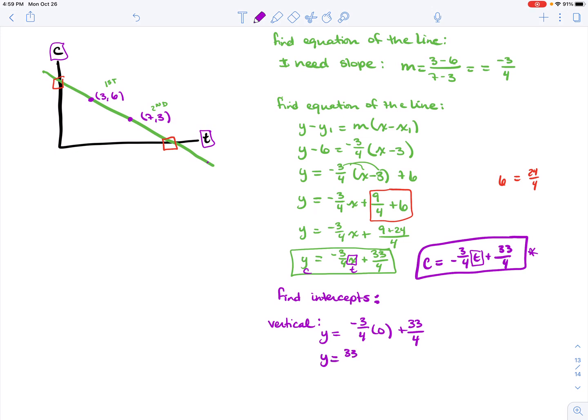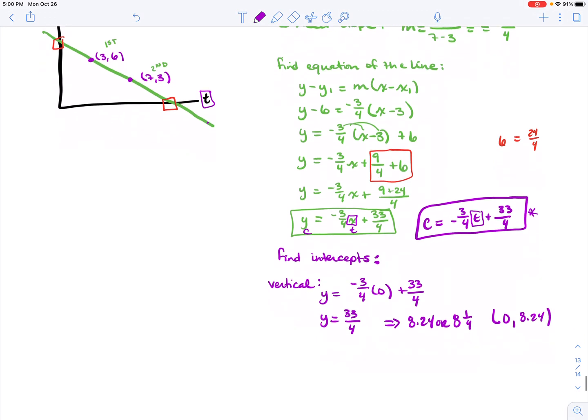So y equals 33 over 4. And if I wanted to keep that where it was not a fraction, but with decimals or whole numbers and a fraction, it actually equals 8 1/4. So you could keep it as 8 1/4 or 8.24, it's up to you. So the point is at 0, and I'll leave it in the decimal form, 8.24.